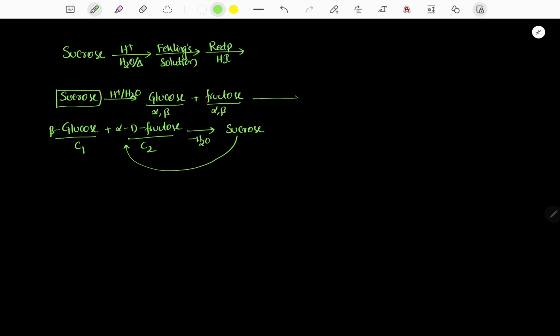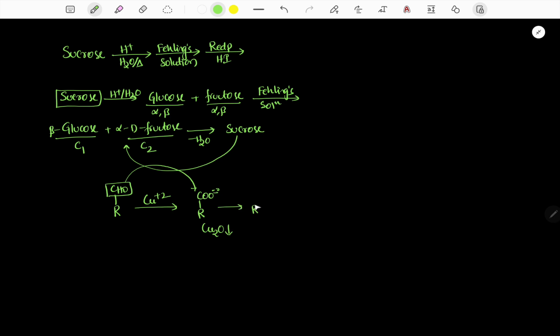Now this mixture is treated with Fehling solution. In glucose mainly we have RCHO. So it is a glucose part. When it is treated with Fehling solution, the aldehyde undergoes oxidation to COO minus, and Cu plus 2 undergoes reduction, forming Cu2O red precipitate.